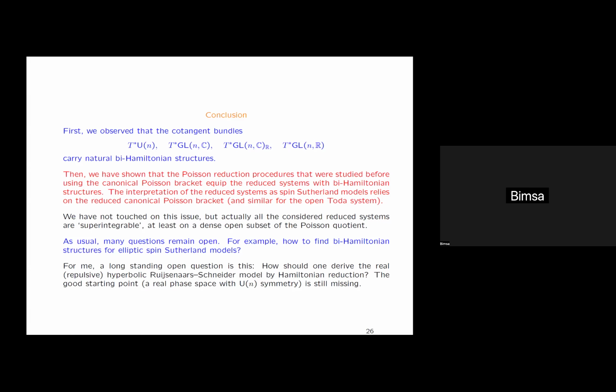Or actually my main question in this subject for several years is how to obtain the hyperbolic Ruijsenaars-Schneider model by Hamiltonian reduction. I mentioned it on the second slide: this repulsive many-particle model which has to do with sine-Gordon solitons. And for that model, in my understanding, no Hamiltonian reduction treatment is known. This is still an open question.